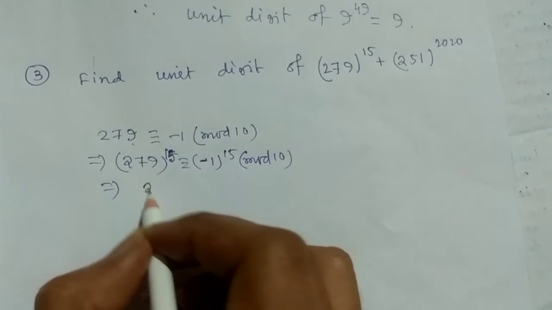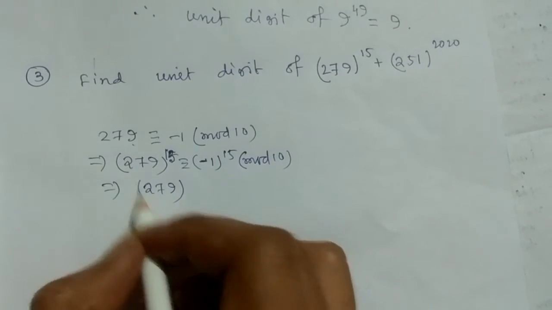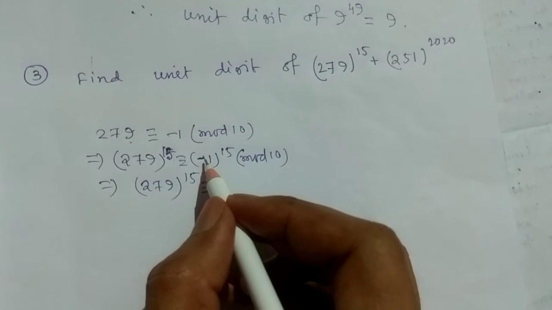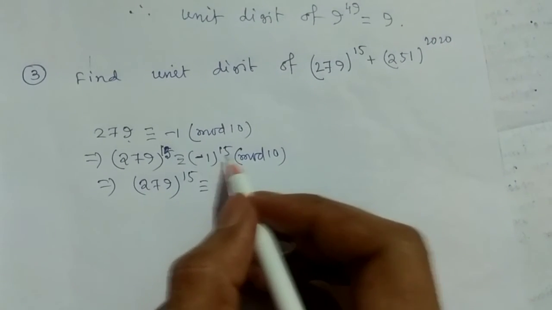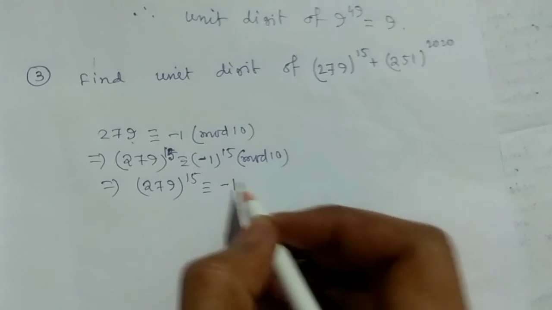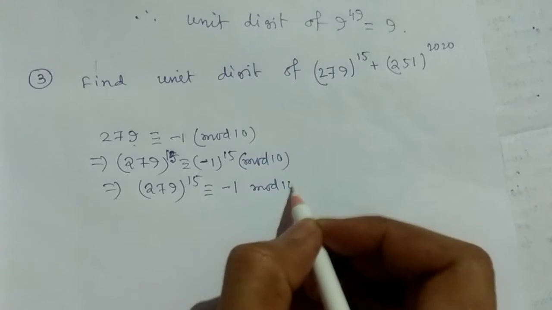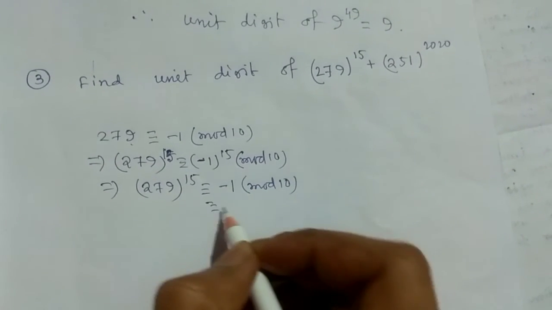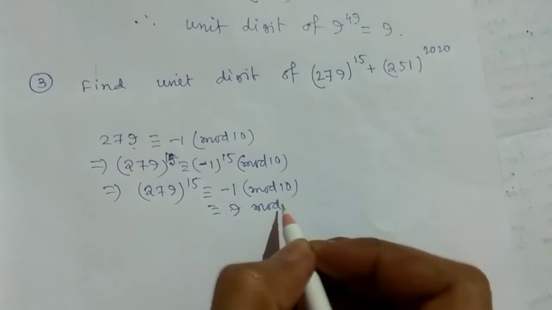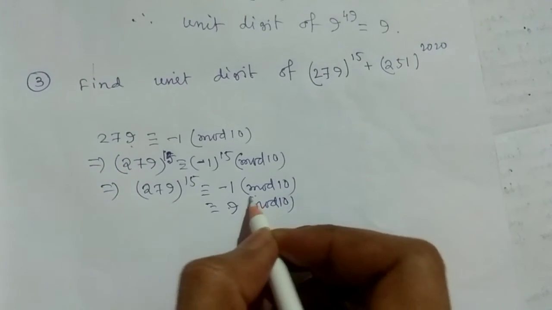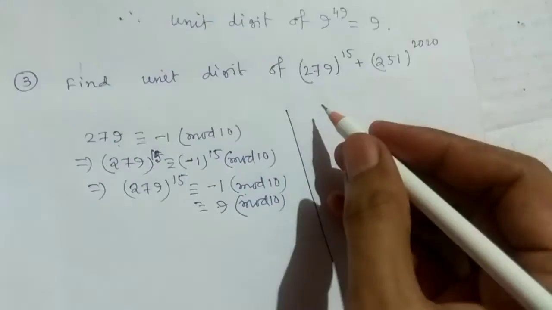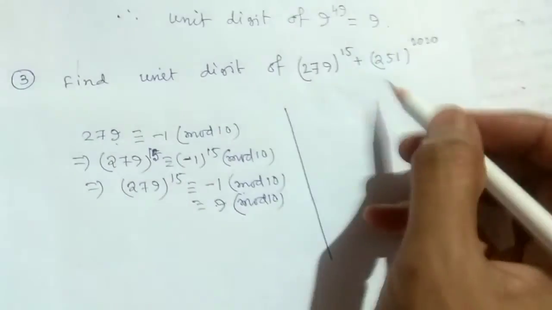Since minus 1 is multiplied 15 times, a minus sign remains, and 1 to the power 15 equals 1, so it is minus 1 mod 10. And we know that minus 1 mod 10 equals 9 mod 10, so the unit digit of this number is 9.